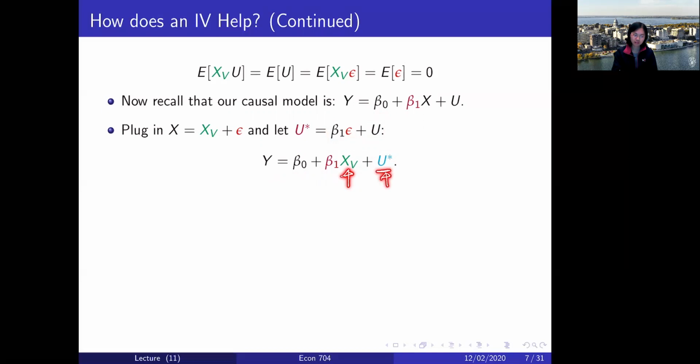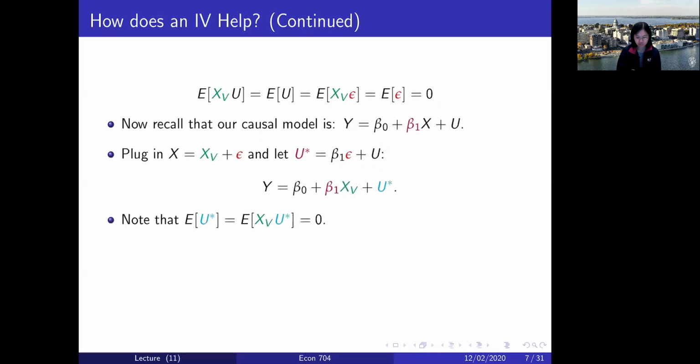Now this good part of X, in fact, is going to be orthogonal to U star. This is because E[XV U star] equals beta 1 E[XV epsilon] plus E[XV U].